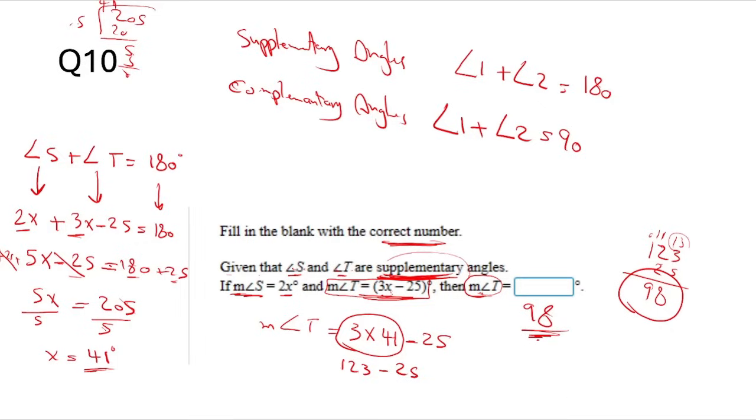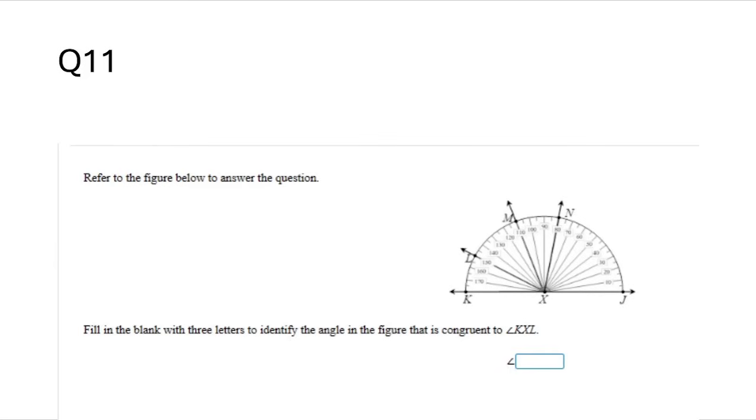Okay, so let's move to question number 11. Question number 11 says, refer to the figure below to answer the question. Fill in the blank with the 3 letters to identify the angle in the figure that is congruent to angle KXL.